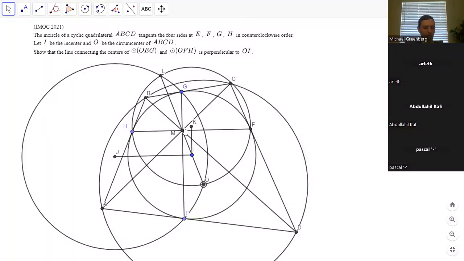We could try to prove it if we want. But yeah, there's a proof of it on cut-the-knot.org. So O, I, and M, it's kind of well known they're collinear. And then to show those are collinear with L, I don't know why that's true yet. So maybe we could show O, M, and L are collinear.